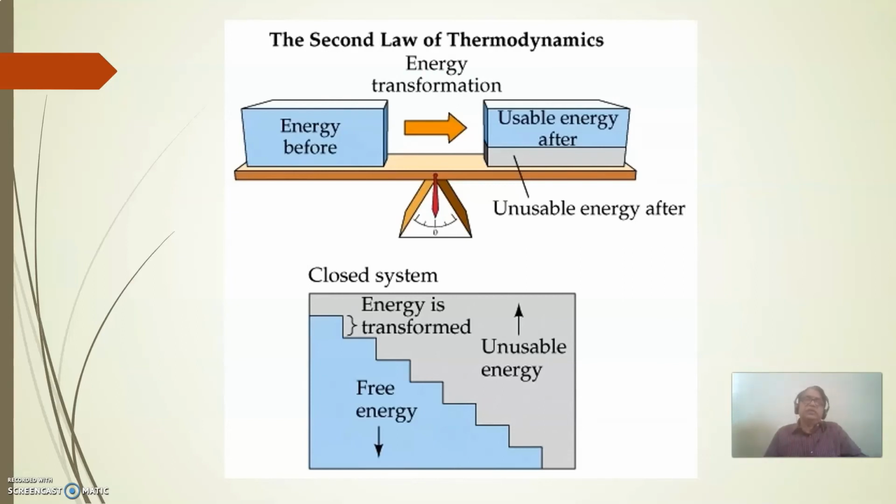Usable energy is called free energy; it can be converted to other forms. Whereas unusable energy we cannot get. See here, if I take this block and this block, take them as the same amount.